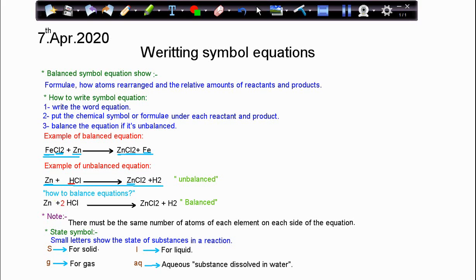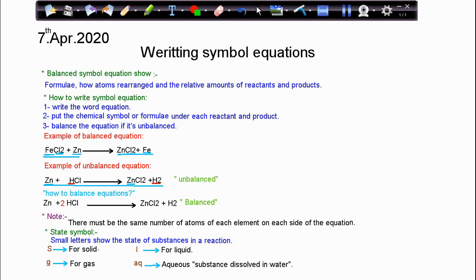Hydrogen 1, and I have H2. Oh, that means it's unbalanced. I need to balance the H. Okay, so if I have here H2, that means I need to add a 2 for the H in the reactant side. In the reactant side, I need to add another 2, a big 2.